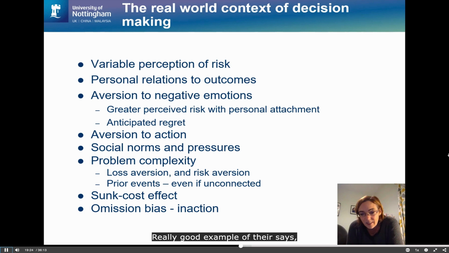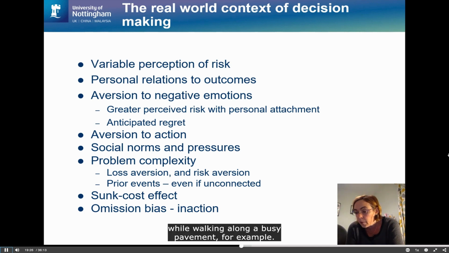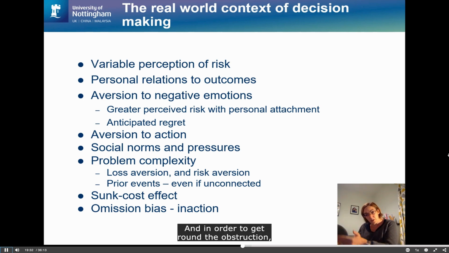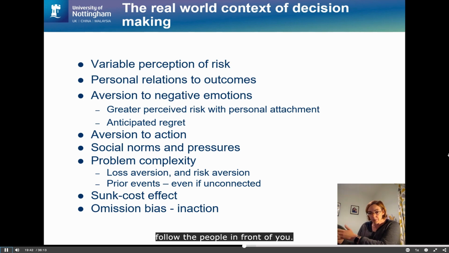Really good example of this is where we're walking along a busy pavement, for example, and there's maybe an obstruction, and in order to get around the obstruction, you have to go outside of a barrier and maybe walk along the road for a little bit. And it's a really strange thing to do, because what you'll probably do is follow the people in front of you.